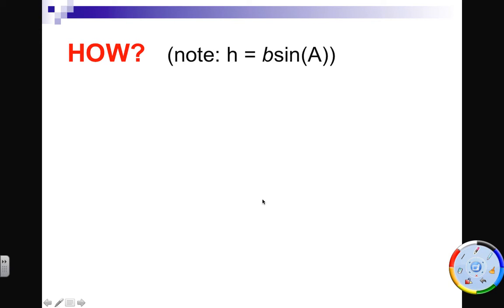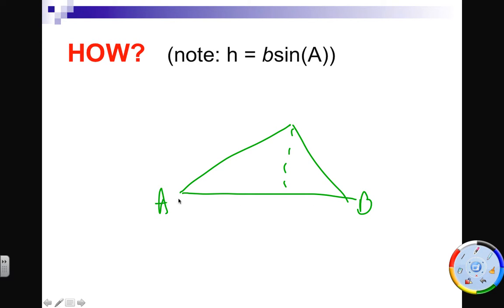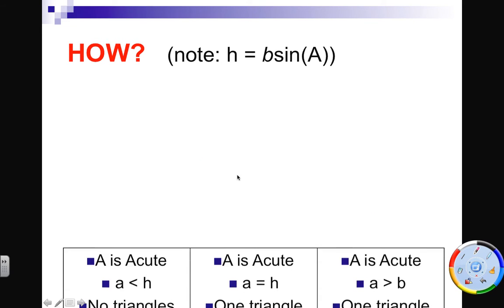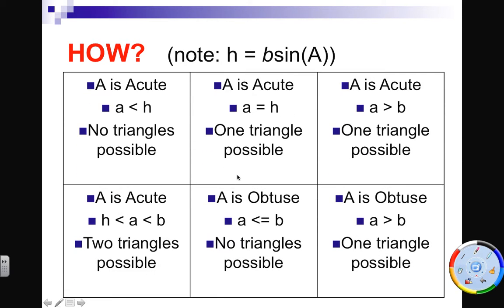All right, so you need to remember that the height of your triangle was little b sine of A. That's how we find the height. And here we go. I know this is a lot of stuff, and I just heard you all groan because a lot of stuff just got put up on the screen.